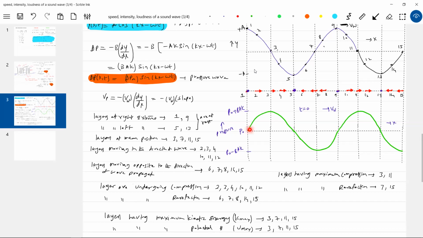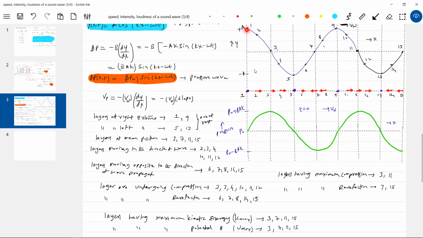What about the kinetic energy of the layers where the pressure is in compression? As I move from P naught to P naught plus BK, there's a compression, no? As I move from mean atmospheric pressure to maximum compression, what will happen to kinetic energy? It will increase, no? Do you agree?